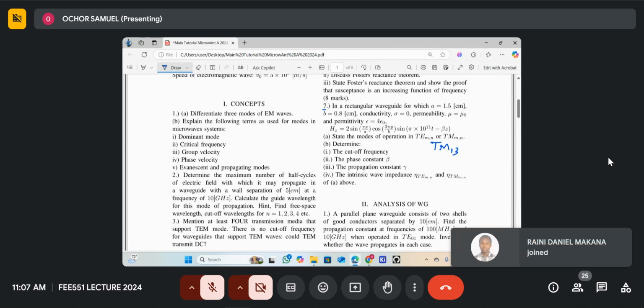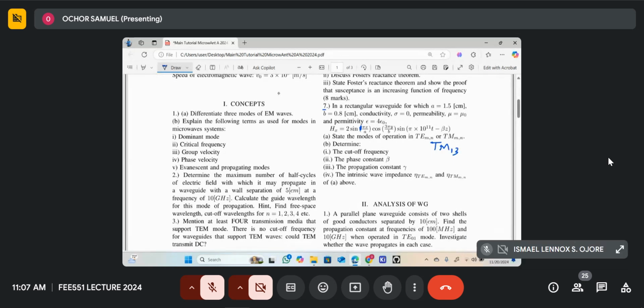Yeah, I'd say because I'm of the same opinion, because here we can see we have a 1, A1, and here 3. So I'd say TM 1, 3, unless anyone could give us their opinion on that. I'd also say it's TM 1, 3.